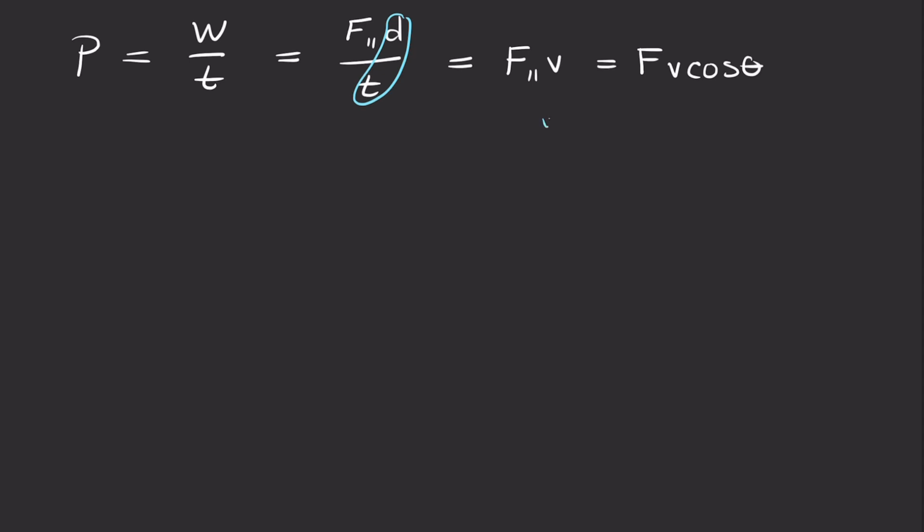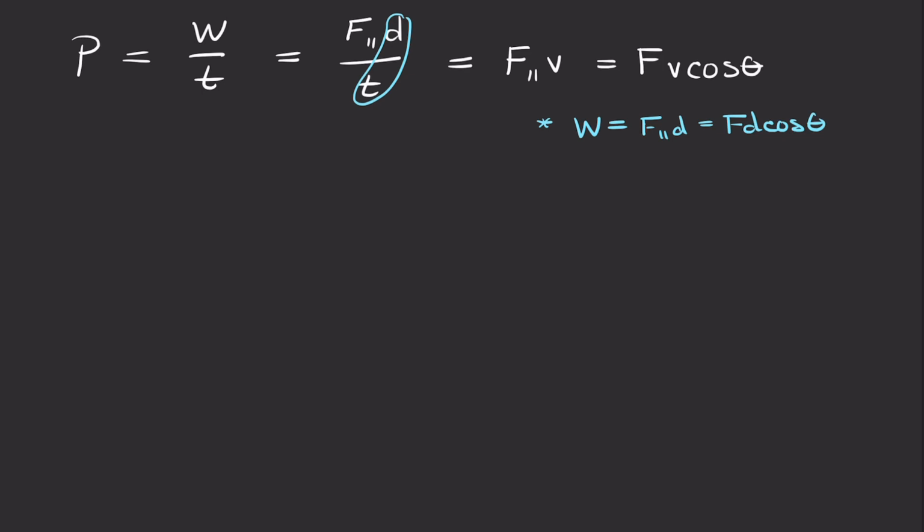And so this looks similar to the work equals F parallel times d, or F d cosine theta. But if you replace d with velocity, then your work becomes your power.